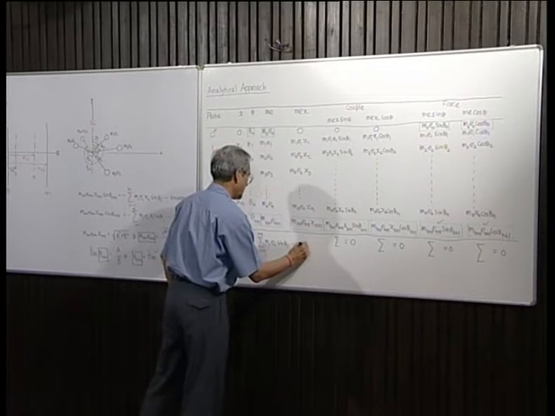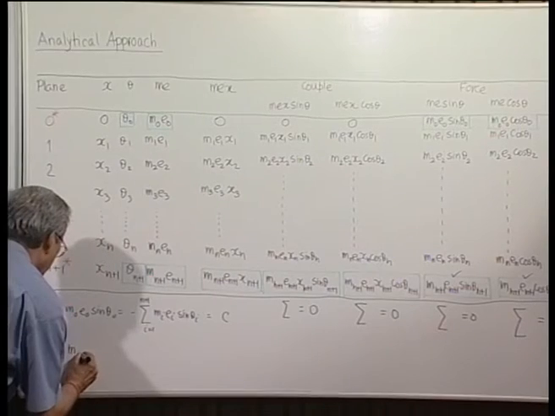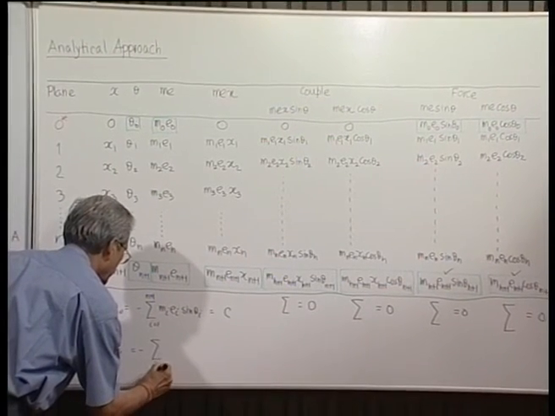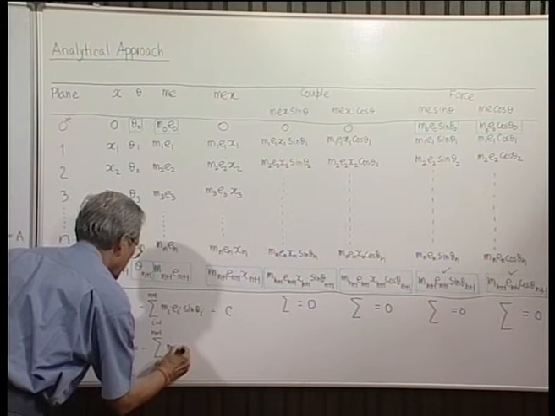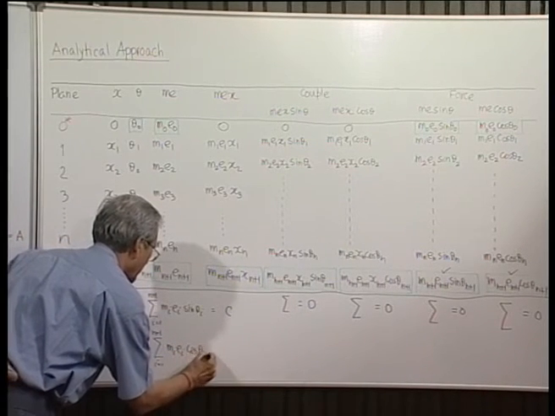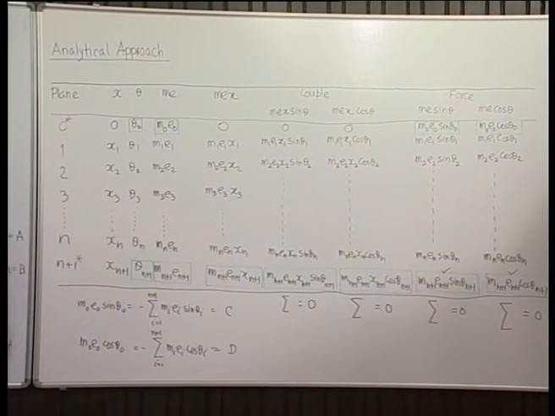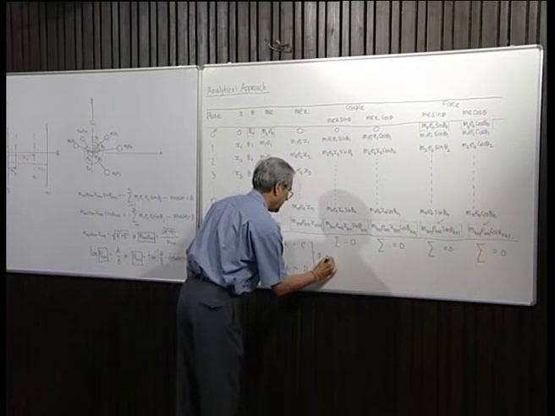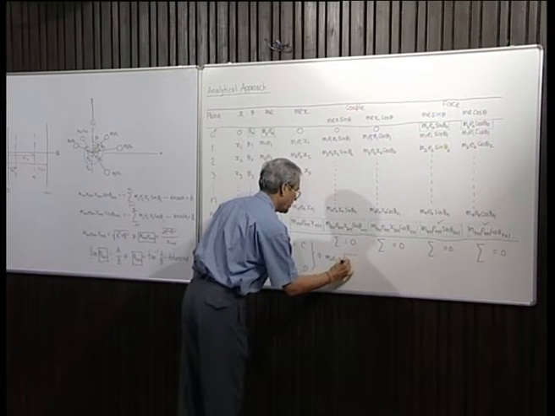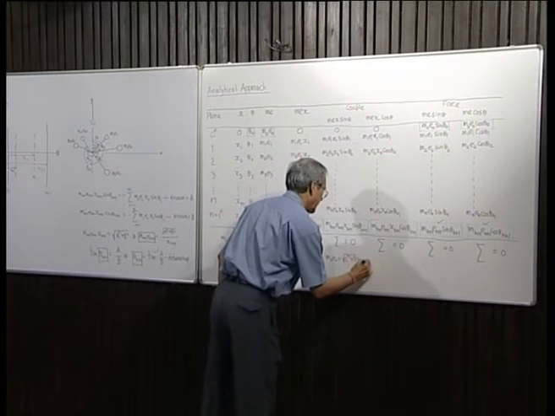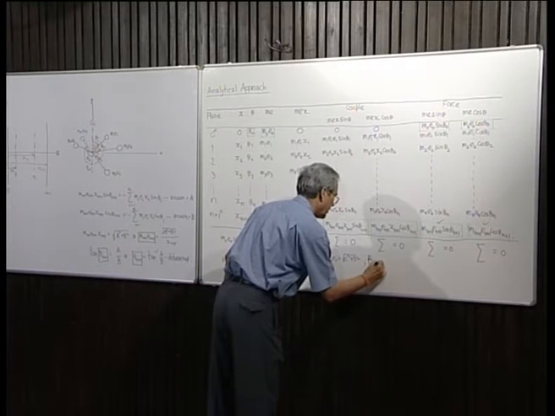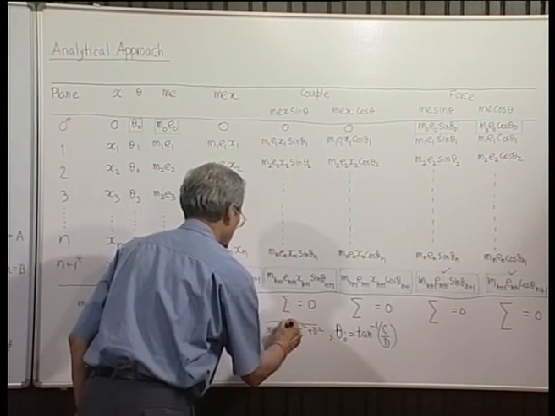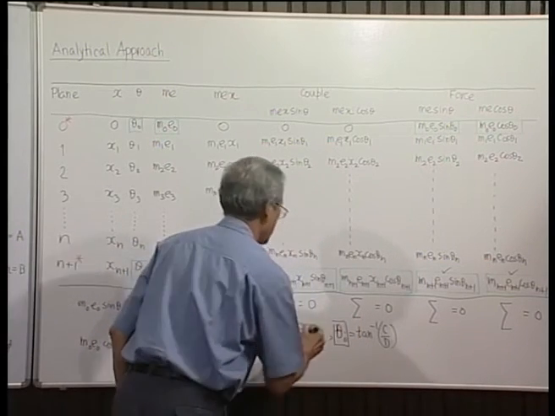Say let us consider this as C, and the cosine component let this be D. So, they are now known, and therefore, these two will give us m 0 E 0 equal to square root of c square plus d square, and theta 0 equal to tan inverse c by d. So, both this and this get determined.